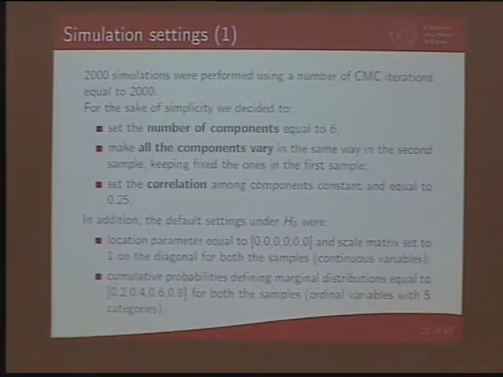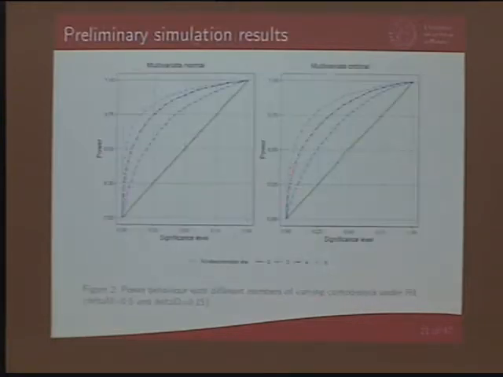And you see here we consider 6 components and a correlation that was kept constant at 0.25, but of course this can change. So I will go quickly through some simulation results, because I would like also to talk a little bit, maybe 1 minute, about the stochastic ordering procedures that we can solve also using this methodology. So here you have what happens in the power of the test when, out of the 6, you have an increasing number of variables that are under the alternative.